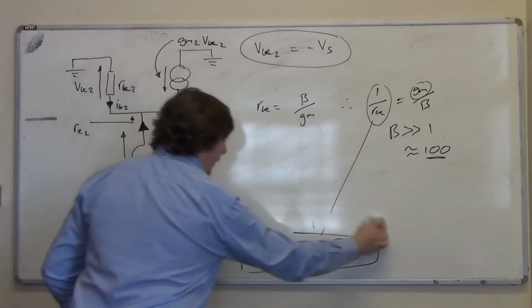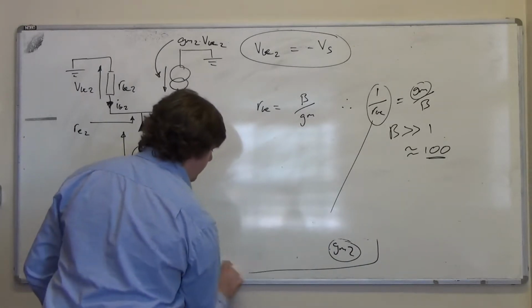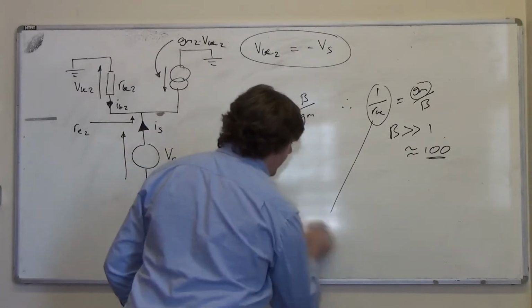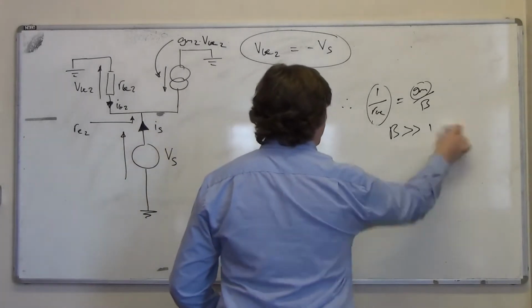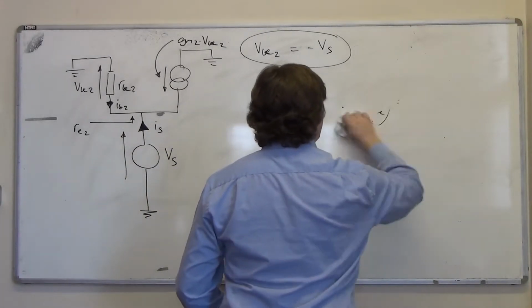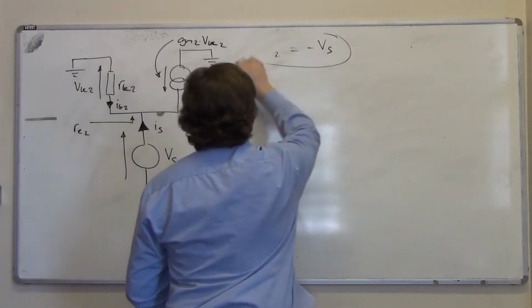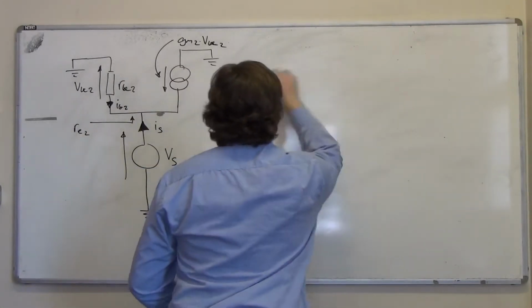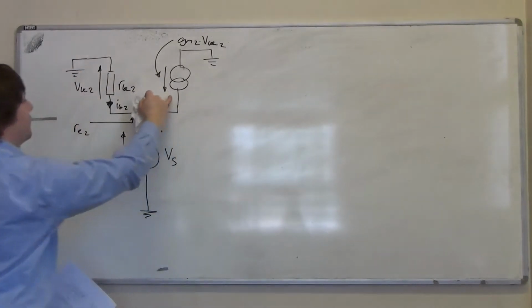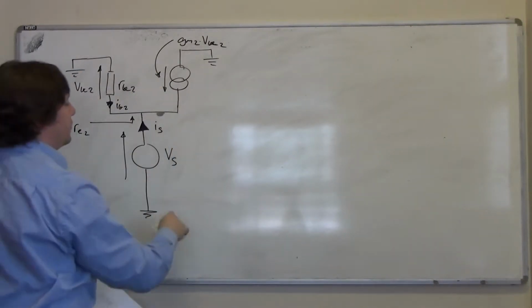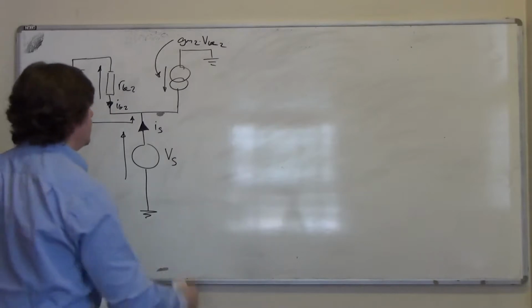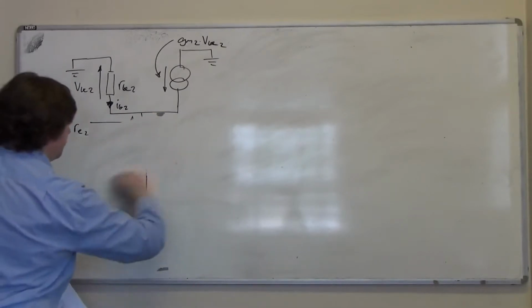We can now go back and deal with our differential pair, knowing that T2, which usually I would put in as a hybrid pi transistor model, I can now not have an RBE and a current source for it. I can just make it look like a resistor whose value is 1 over GM2.